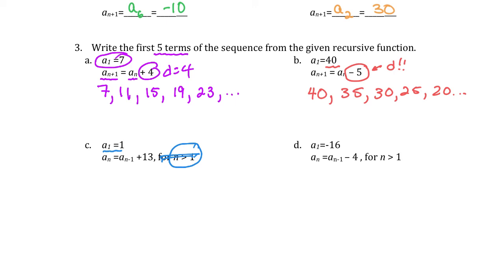That's just a notation that means after you found the first term, use the second line in the rule. If you don't understand that, don't worry about it. Just look for this number on the end. That's your common difference. That's your D. So after that first one, ignore everything after that word 4.